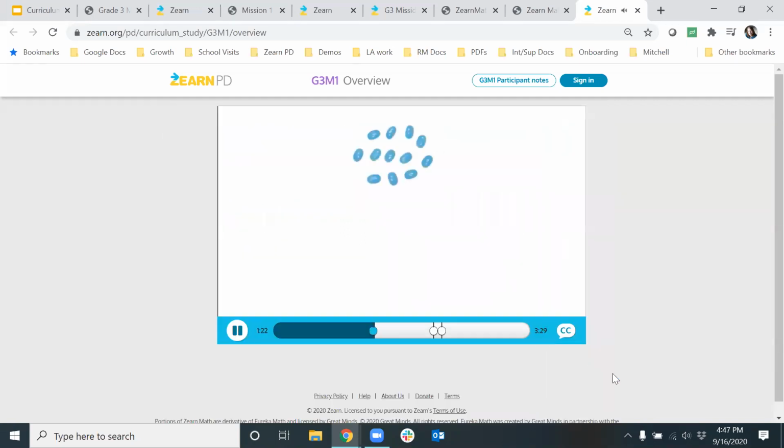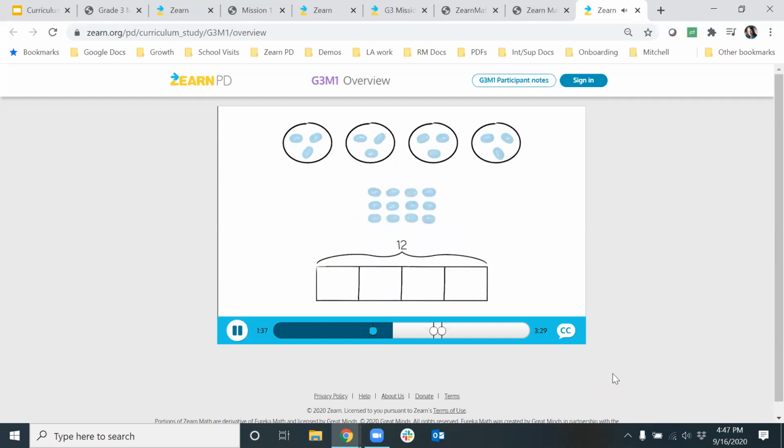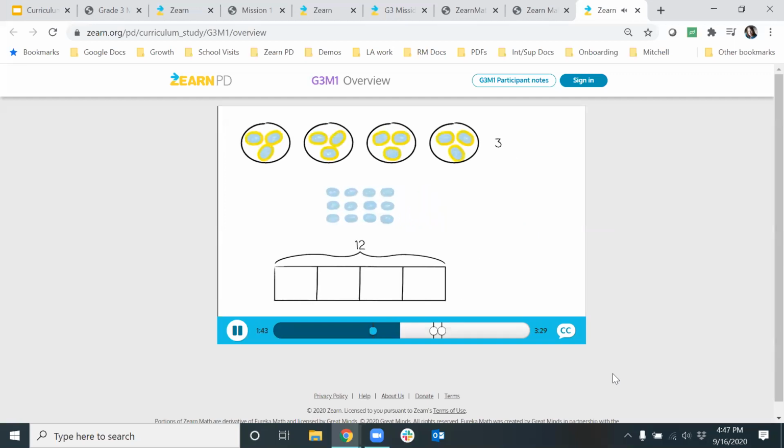In the beginning of the mission, students will initially solve problems using repeated addition with a model drawing circles as groups. As the mission progresses, they'll arrange these into arrays, and eventually evolve the arrays into a more abstract tape diagram. Students will solve problems with varying unknowns: the total, the number of groups, and the size of groups.